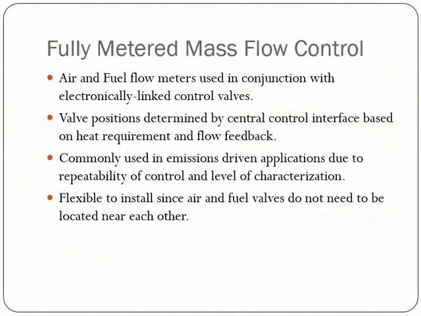What the fully metered mass flow control will do is take not only that 50% firing rate input, but it'll say, okay, 50% firing rate, my air flow needs to be at 10,000 SCFH, and my fuel flow needs to be at 1,000 SCFH. And then it will adjust the valve position to make sure that it's maintaining that mass flow rate.